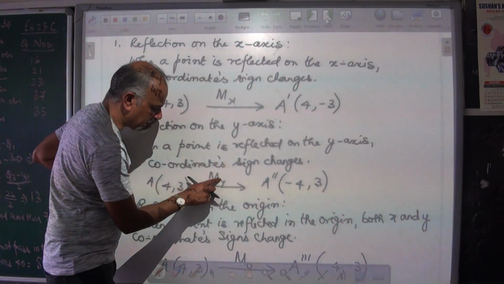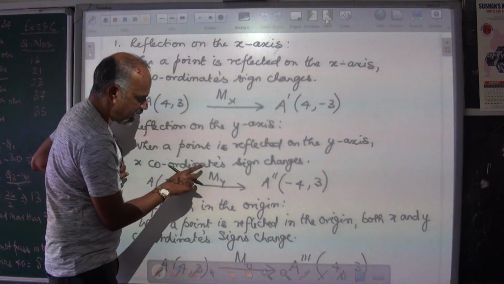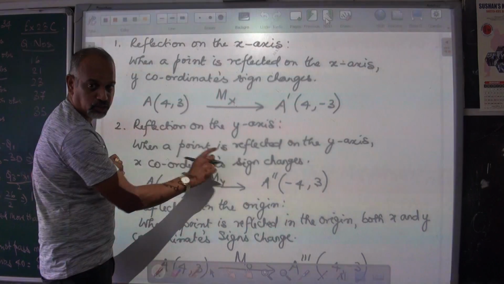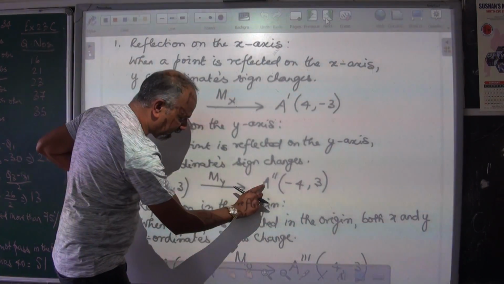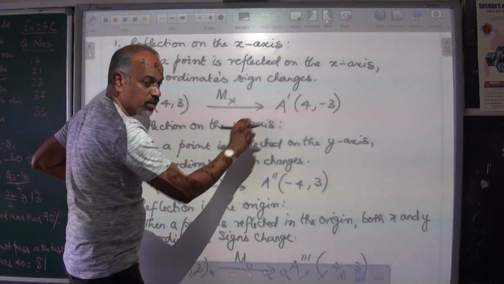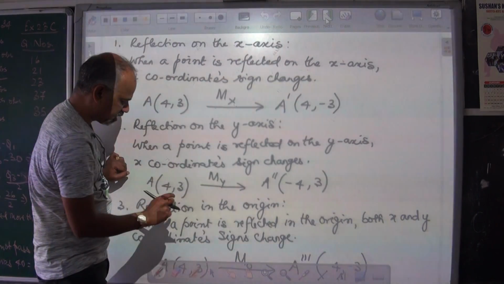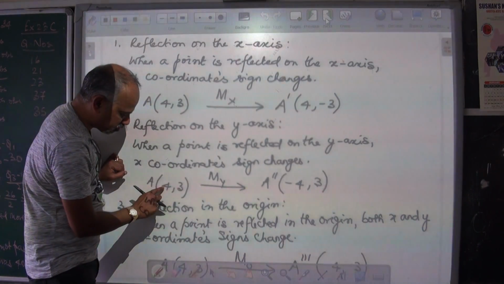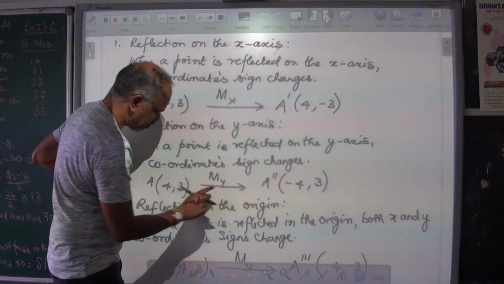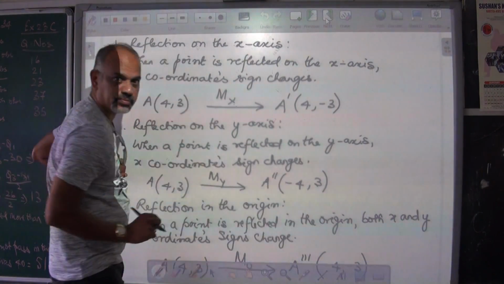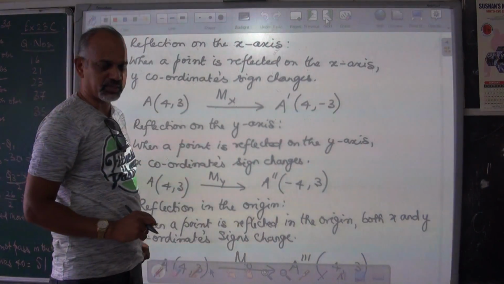My stands for mirror is the y-axis, and the change is that the x coordinate sign should change. So A becomes A double dash, because A dash I've already used here. So this is A double dash. The x coordinate sign should change, which means 4 becomes -4 and 3 remains the same. So that's the second reflection.